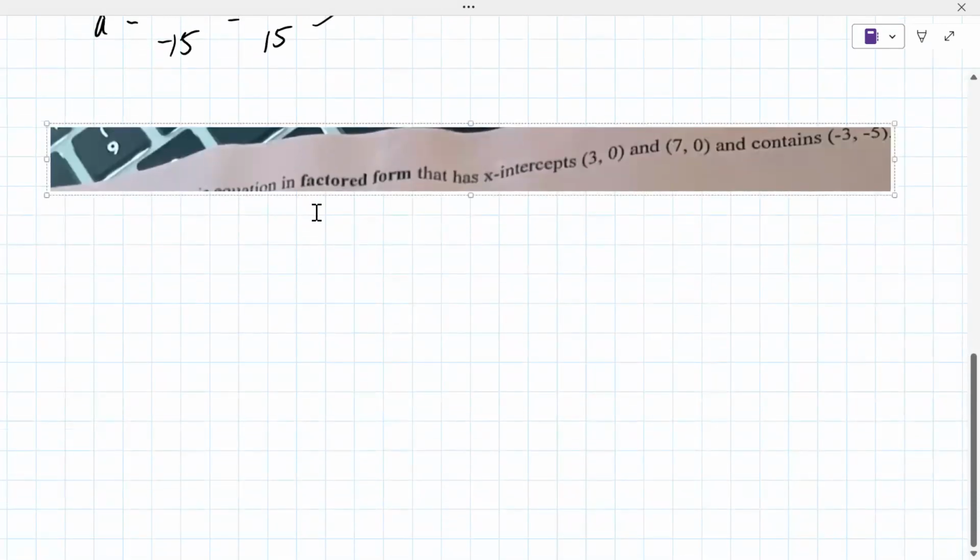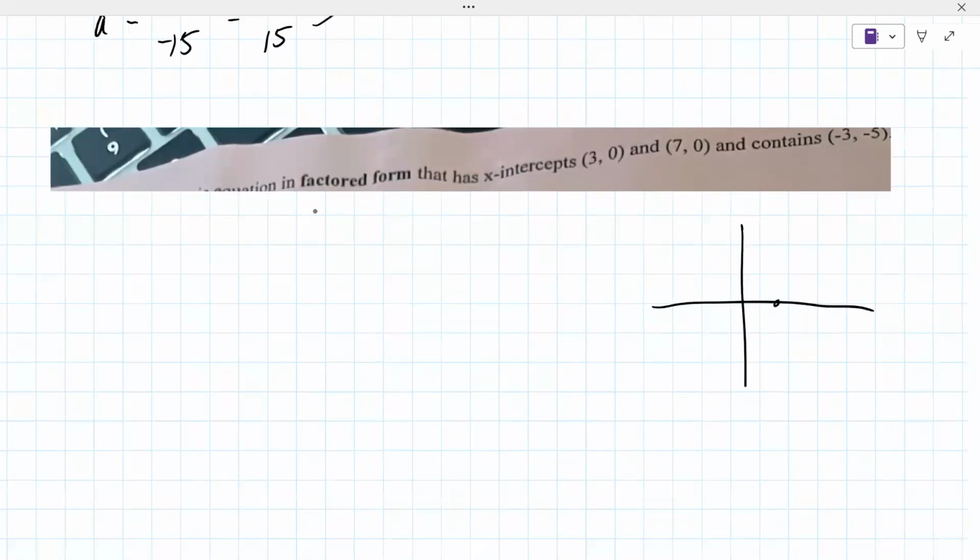So if you were to make just a rough sketch, there's 3, 0, there's 7, 0, and then minus 3, minus 5. We would presume the graph would do something like that. And I use this P of X notation.